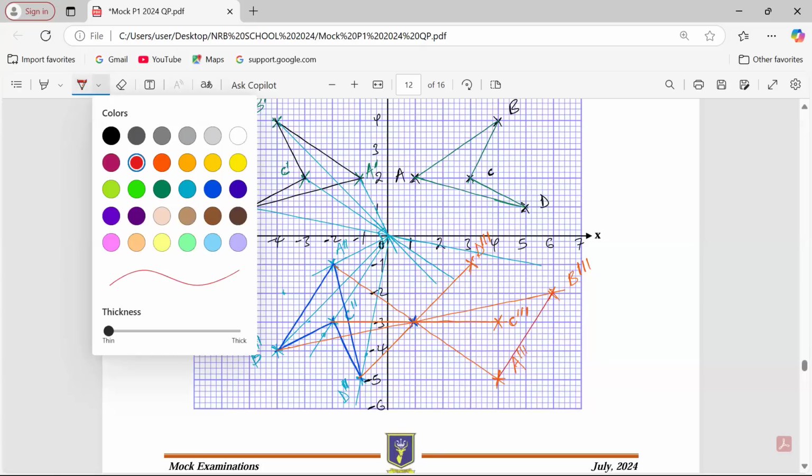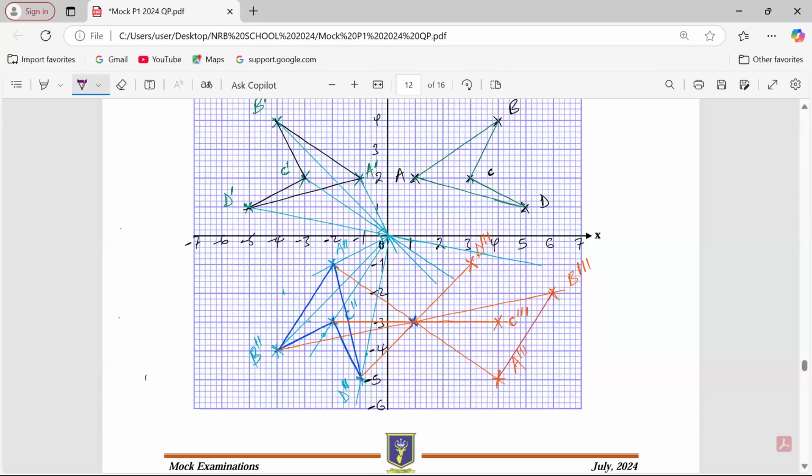Let me use a different color, please. So I can use a color that we've not been using, like this one. Then we join from B to C, then from C to D.